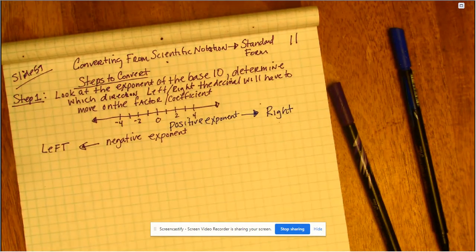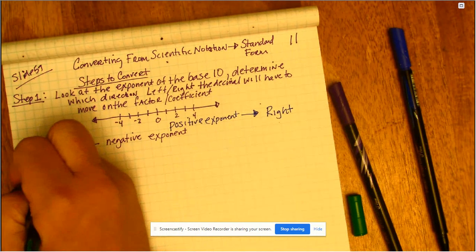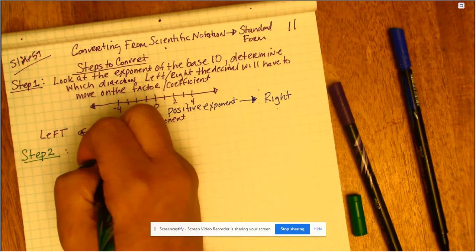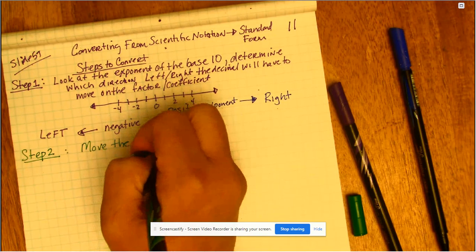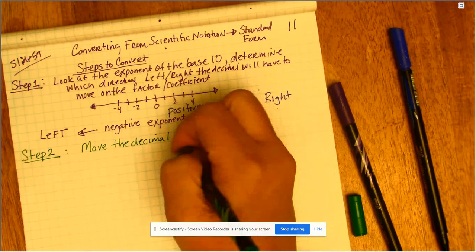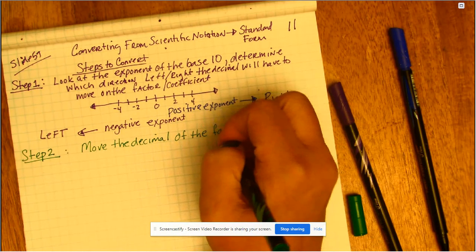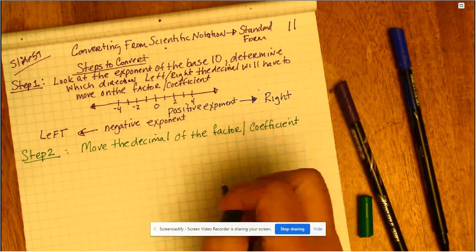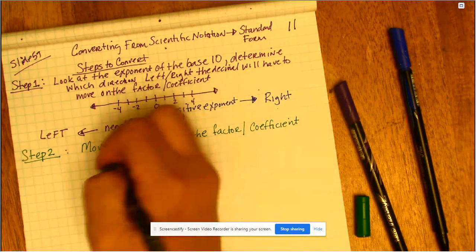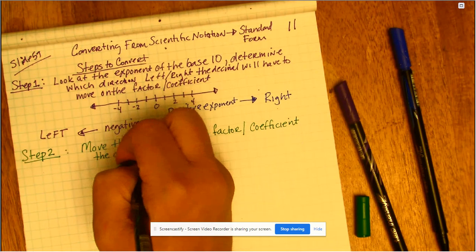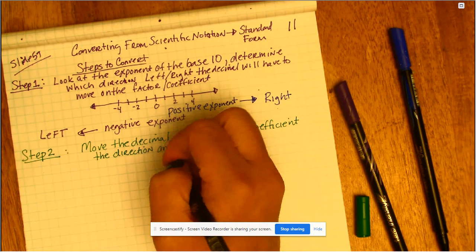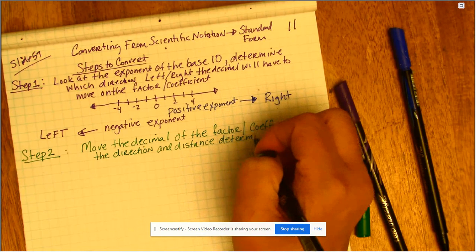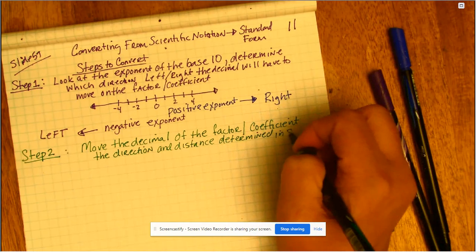So step 2 is to move the decimal of the factor or coefficient the direction and distance determined in step 1.